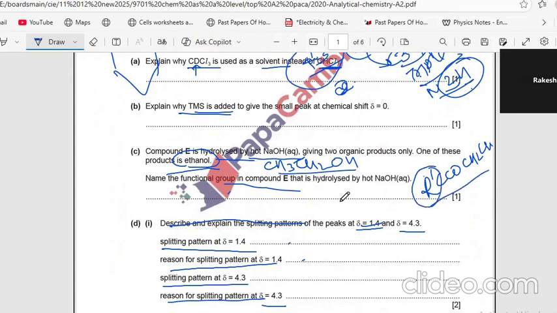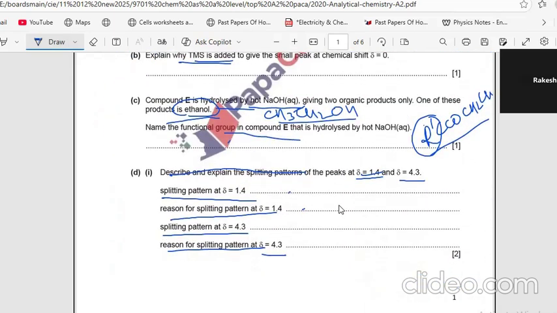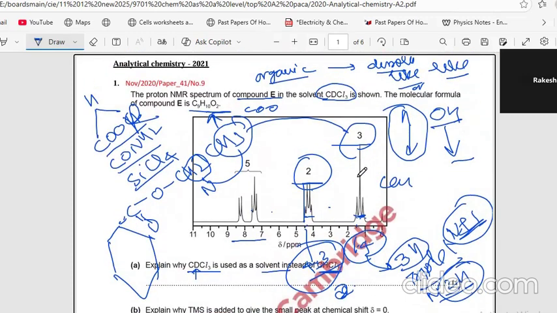So the point is, he asks you to explain the splitting pattern at 1.4 and 4.3. At 1.4 we have a triplet. That means this is the n plus 1 rule: in the neighboring group there will be 2 hydrogens. So this CH3 has 2 hydrogens next to it.